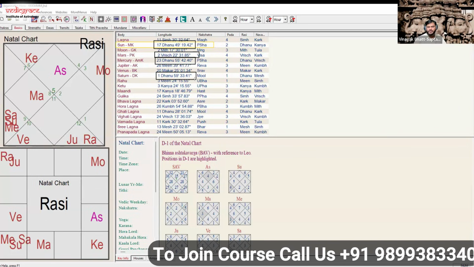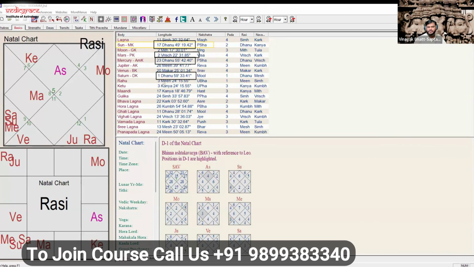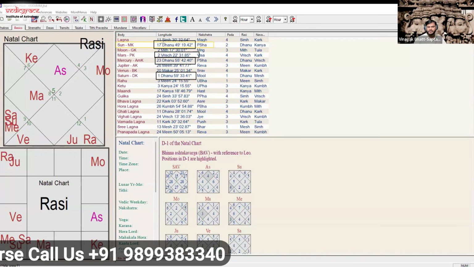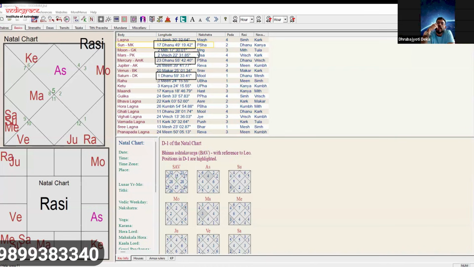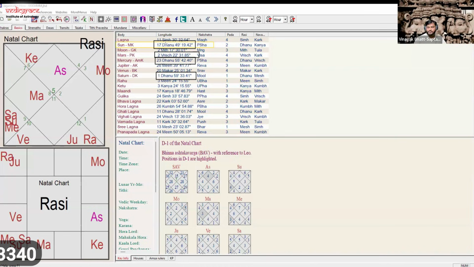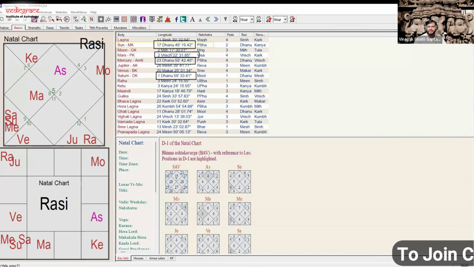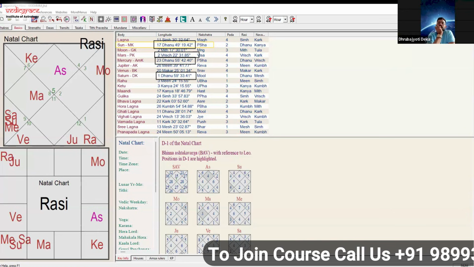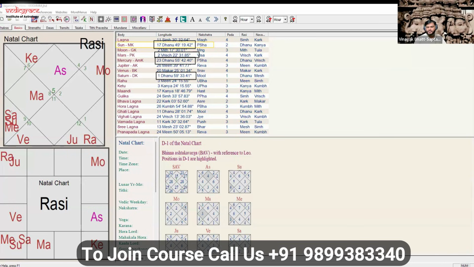Now if you arrange these things degree-wise, how will you arrange it? Saturn, Sun, Mercury. These are in the same sign. First we need to solve this equation. Clear?